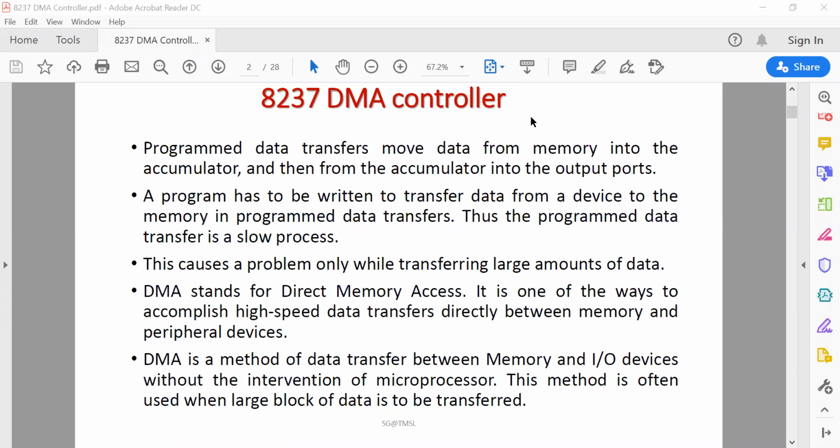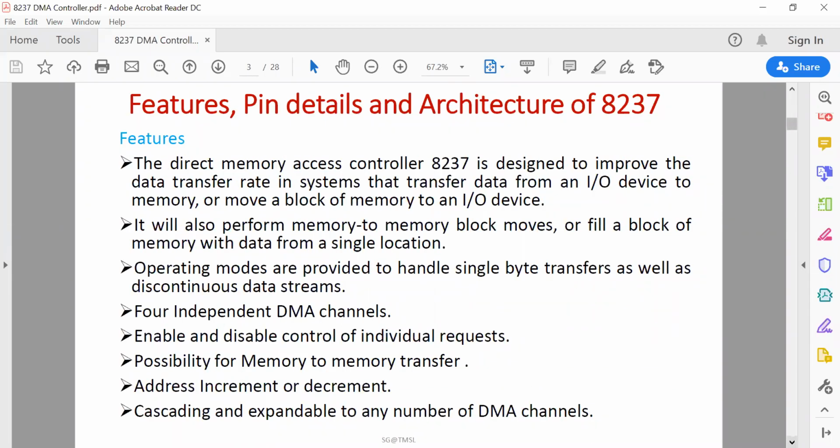Now, this is a limited application, and a special purpose hardware controller can do it very quickly. DMA transfer takes place with speeds close to the memory cycle time.